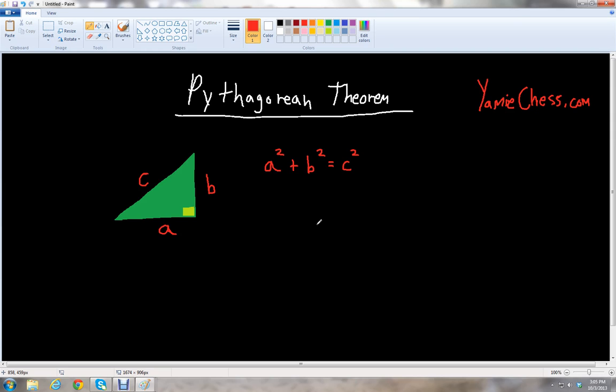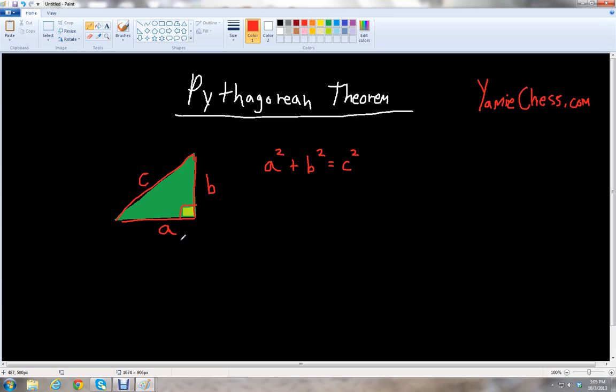The Pythagorean Theorem was discovered by an ancient Greek mathematician named Pythagoras. He discovered a very important relationship between the legs of the right triangle, and the hypotenuse, the longest side of the right triangle that's opposite of the right angle of 90 degrees.